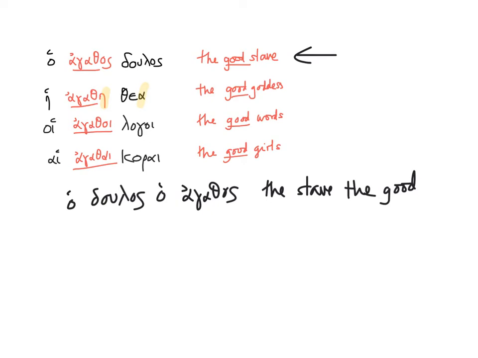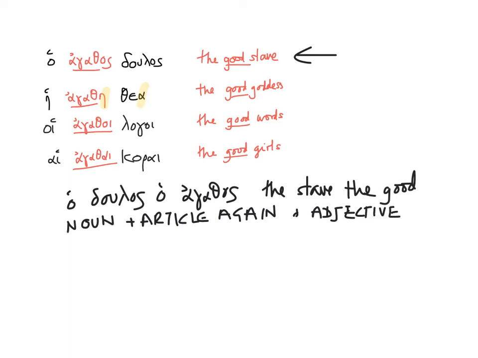The rule is you take the noun with its article, you repeat the article, and then you add the adjective. It's a little unusual, and it's not used perhaps as commonly as the method above is, but you do find it in Greek, both in Classical Greek and in New Testament Greek.